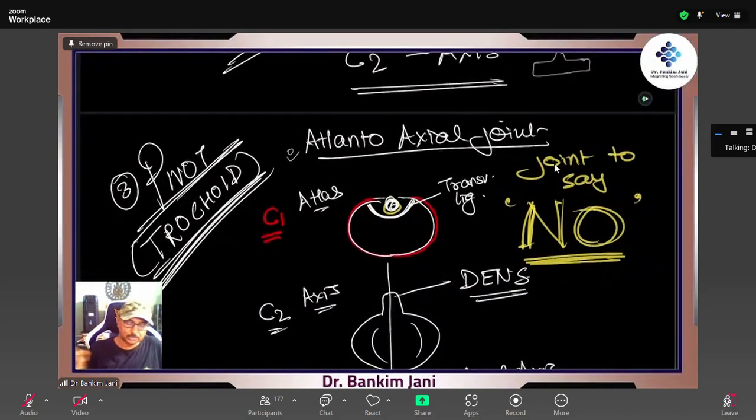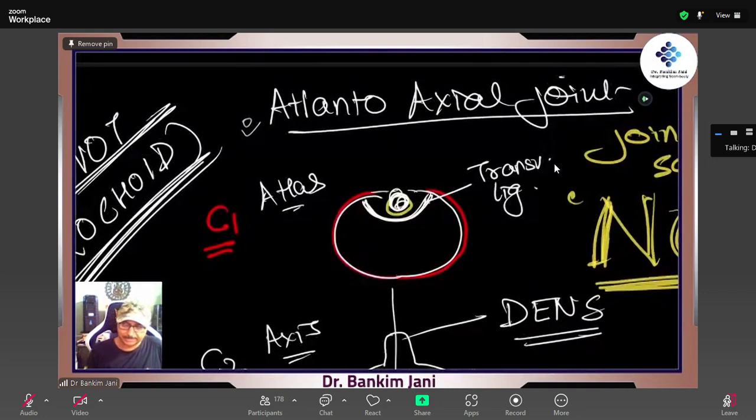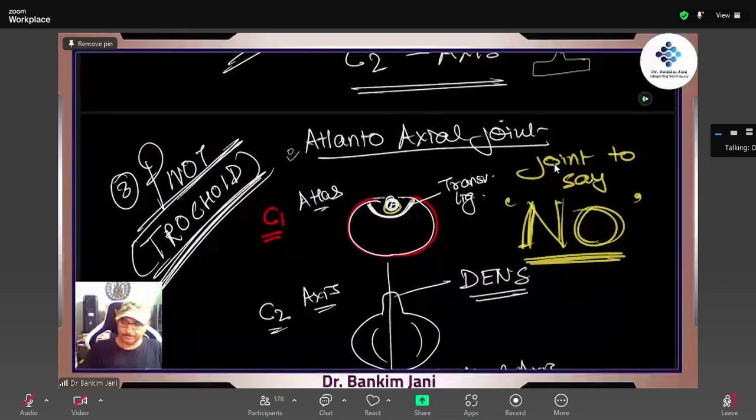Atlantoaxial joint. So in the atlantoaxial joint, it is C2 which is giving the dens and C1 which will be rotating on it, right? This joint is used to say no. So remember it like this: this is fixed, the head is moving like this, side to side. So this is the joint which is used to say no, right? Makes sense? Because of that axis, in this case, what will be the axis?